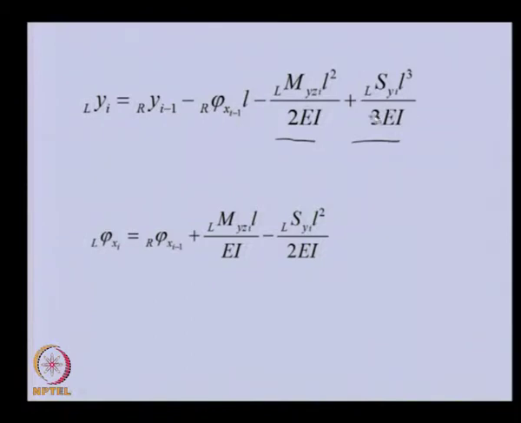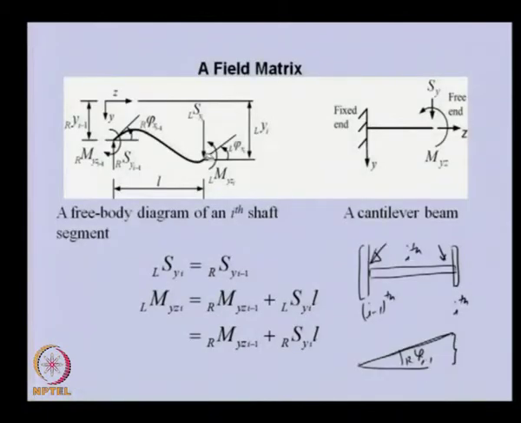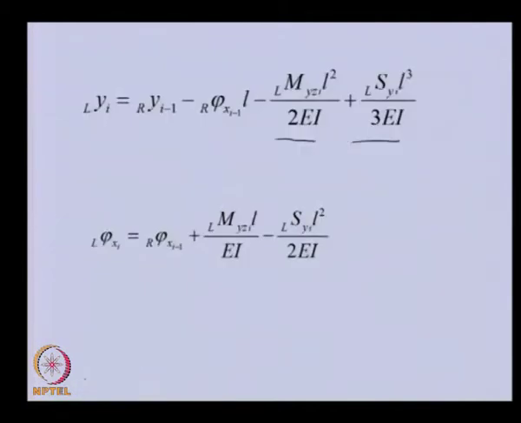So, 4 components are there. Similarly, for the angular displacement at the left of ith disc, we again need to refer here. In this also we will first consider this as a cantilever beam, and whatever the angular displacement because of the shear force and bending moment will come.